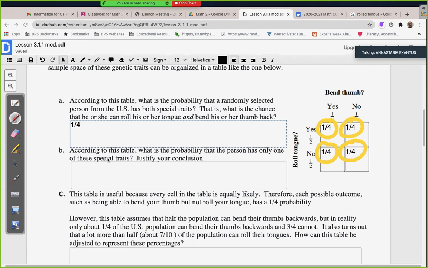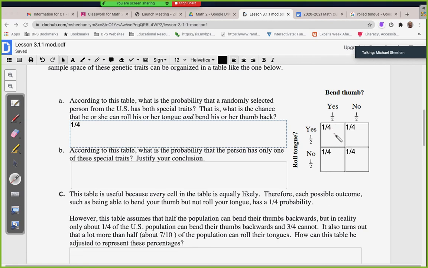Repeat that question one more time. See, there's 4 categories here, right? How many of those 4 categories represent people who can just do one of the 2 things? They can't do both, but they can do one. I think bend thumb. Okay, I think maybe I'm not doing a good job of explaining the question. Wait, repeat the question again.